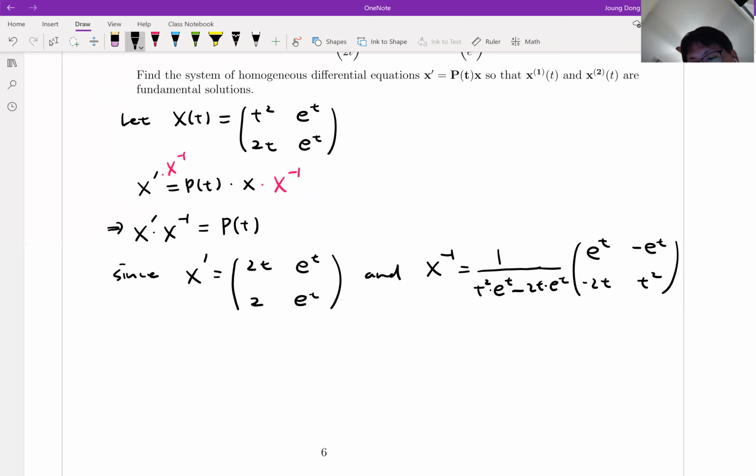So let me simplify this one. It is equal to 1 over, let me factor that out, t squared minus 2t.